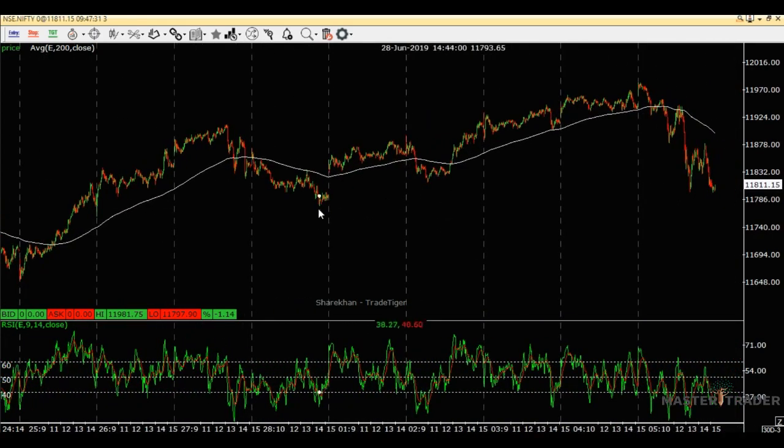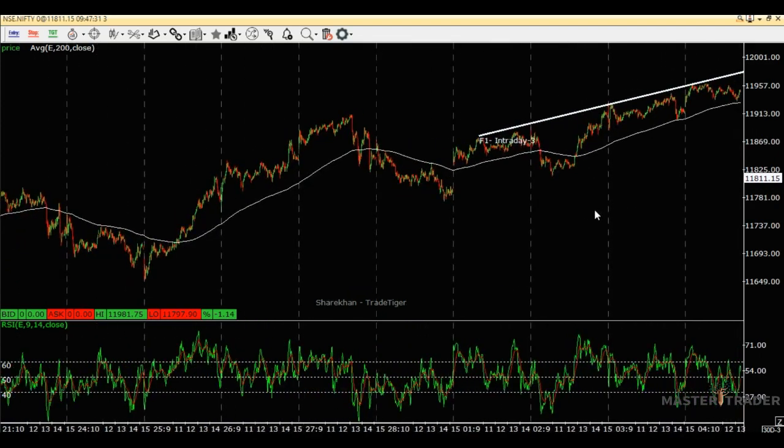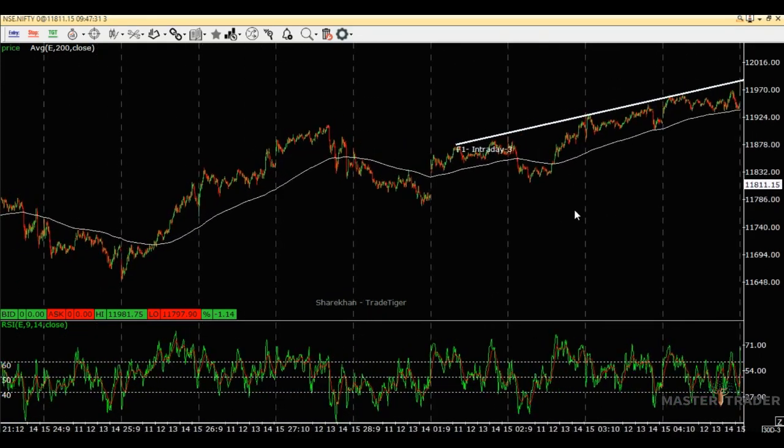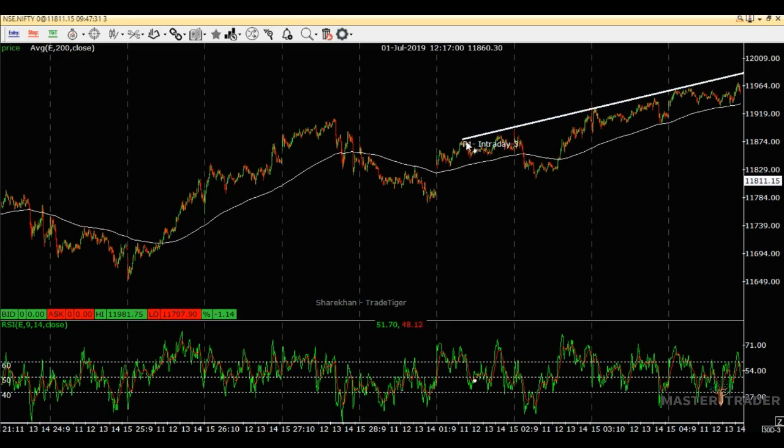Now if we combine technicals with our data, and if I just draw a line like this connecting these swing highs, can we say that this trend line will act as resistance on the upside?